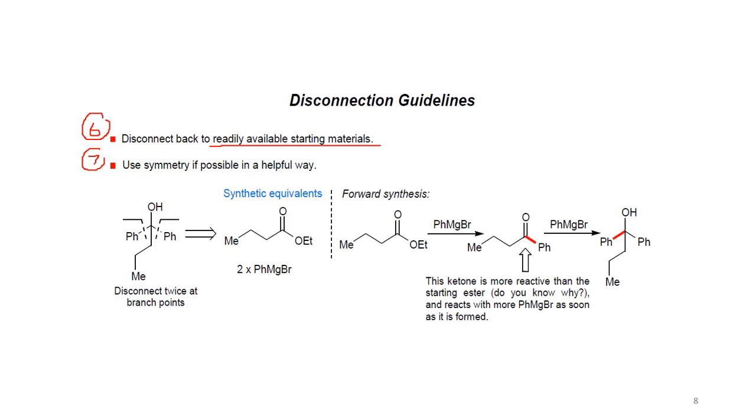So maybe you can disconnect twice at this branch point. What you get is Ph minus, and this one is OH plus.